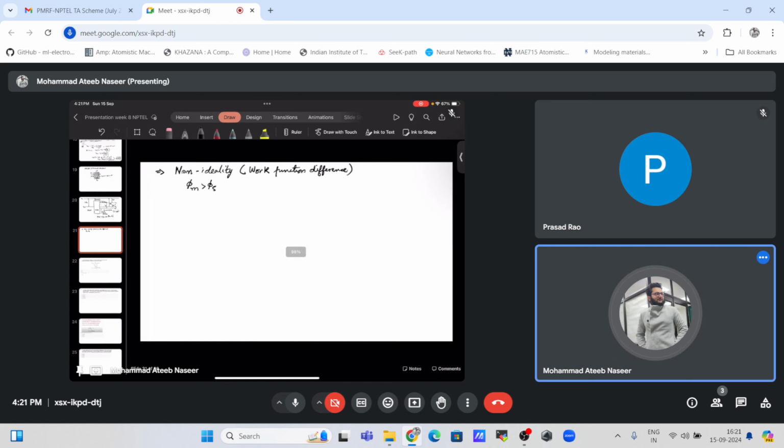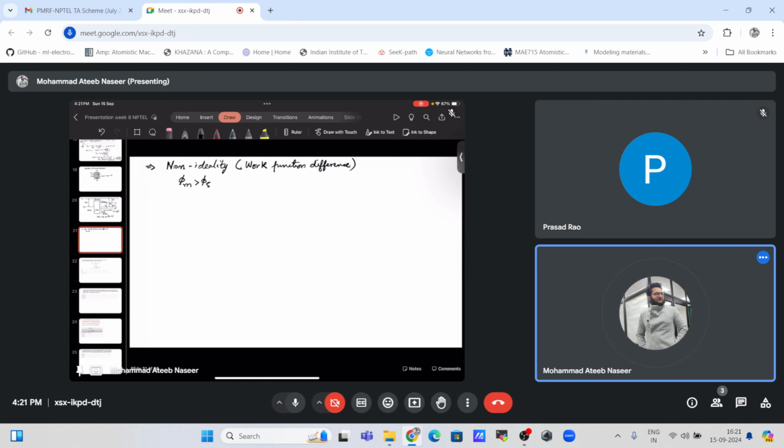So what happens simply is that we have this metal. If this is our vacuum level, sorry, and this is the metal work function, we will be having the Fermi level on the semiconductor side.